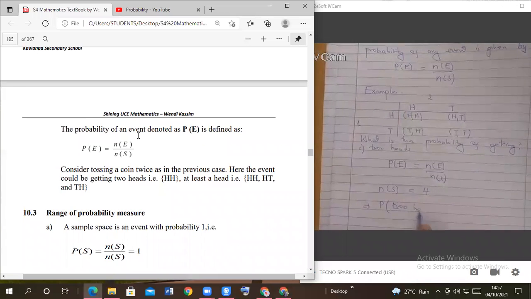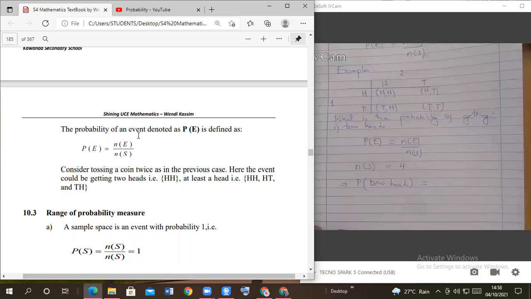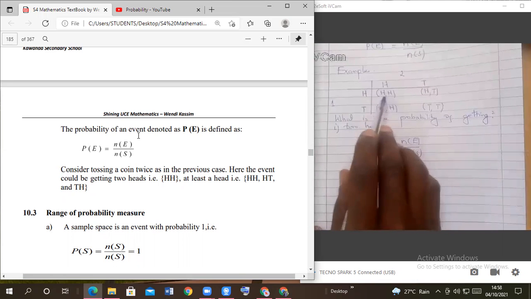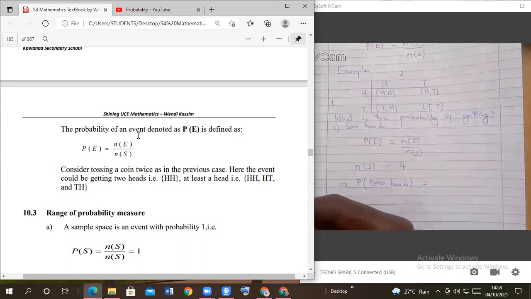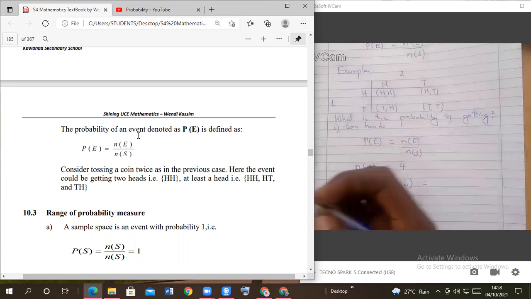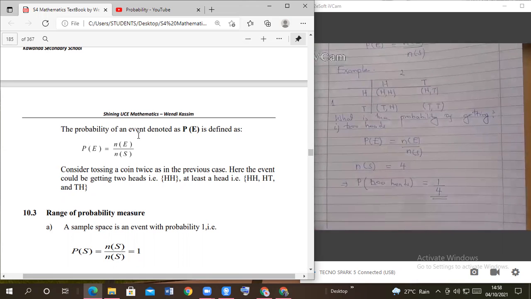So now you say probability of getting 2 heads will be equal to, how many times are you seeing 2 heads here? It's only once. So it's going to be our event, which is 1, over the sample space, which is 4. So the answer is 1 out of 4.